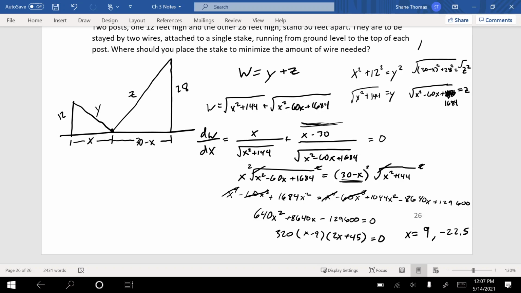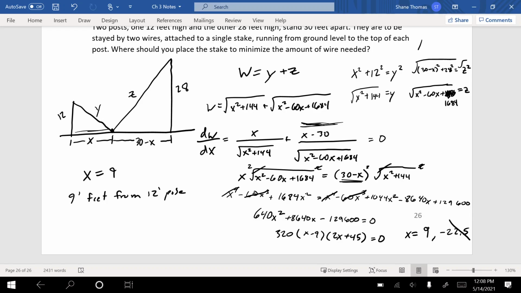Can I have negative 22 and a half feet of wire? No, doesn't make sense. But x equals 9 minimizes my amount of wire used. So that means my stake needs to be 9 feet from the 12-foot pole.